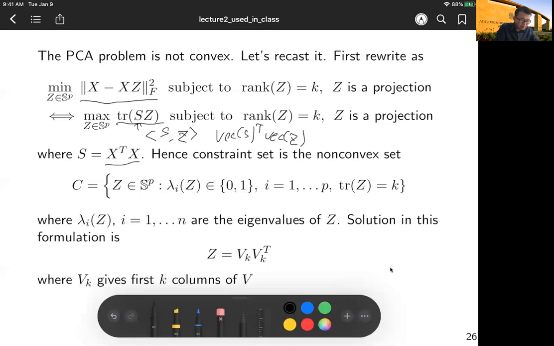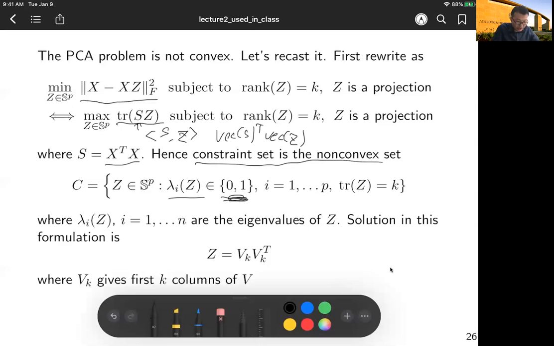Then you have a linear objective function. But the constraint set remains a non-convex set, because we want to bound the number of non-zero eigenvalues of this matrix to be K. Since Z is now a projection matrix, we know that its eigenvalues are either 0 or 1, so we can reduce it to a binary, integer optimization problem.